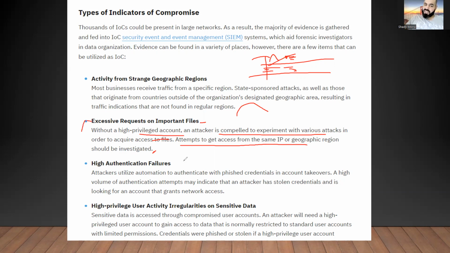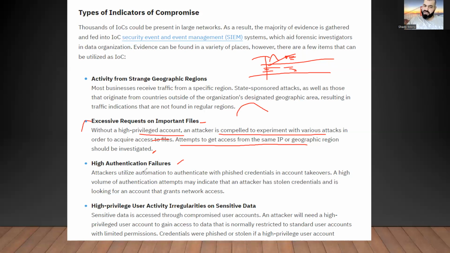Also, high authentication failures. If you have a system with so many authentication failures or login failures, especially in the security events, this is also an indication that someone is trying to compromise or brute force a system. Especially if you don't have a lockout strategy, then you should really investigate the high authentication failures.